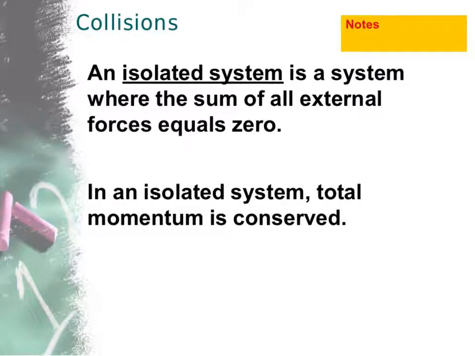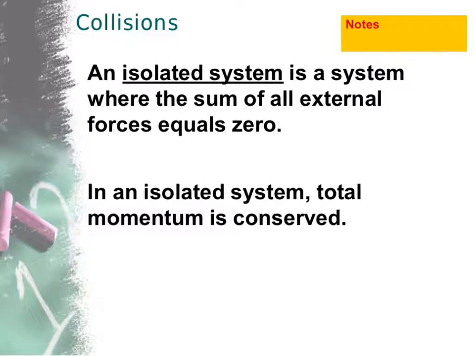Now, before I start talking about types of collisions, I need to cover some vocabulary that I probably should have covered in previous lessons, but didn't. I talked to you in lesson 4.1.1 about systems, a collection of bodies that we're interested in studying, and we know that momentum is conserved in that system when the sum of all the external forces equals 0.